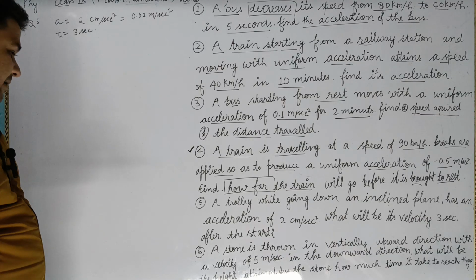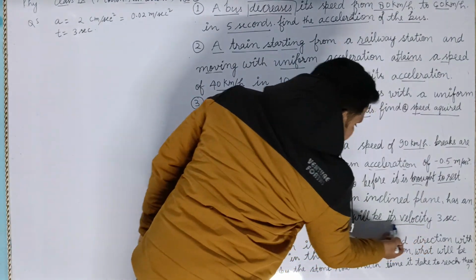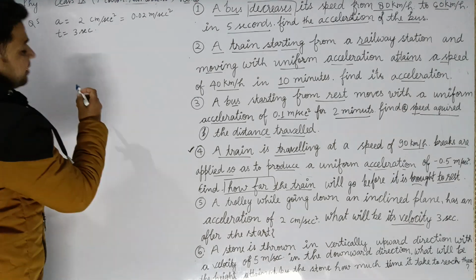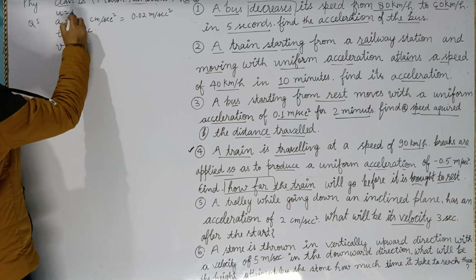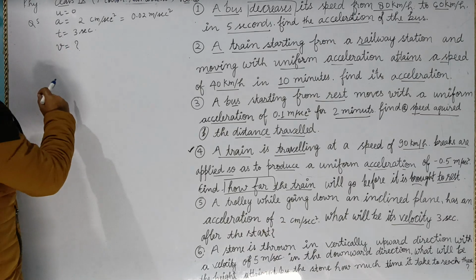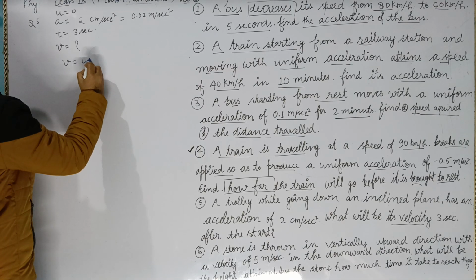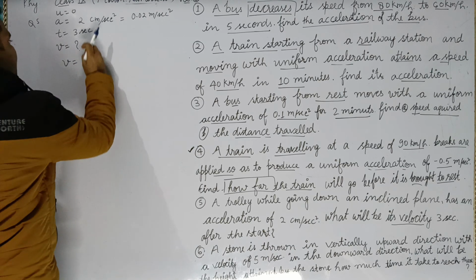In this question we have to find the final velocity, and the initial velocity is 0 because it starts from the rest position. We put the formula. The first equation of motion is v equal to u plus at.